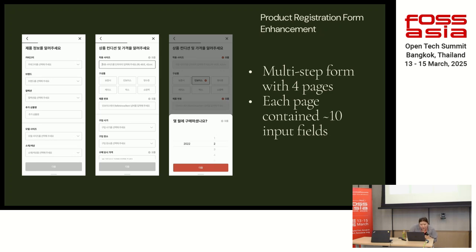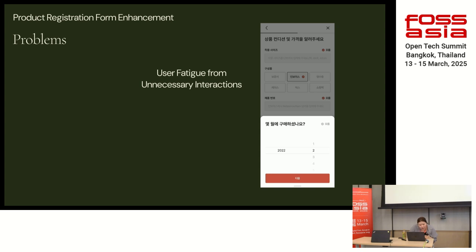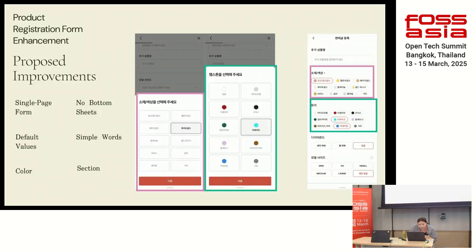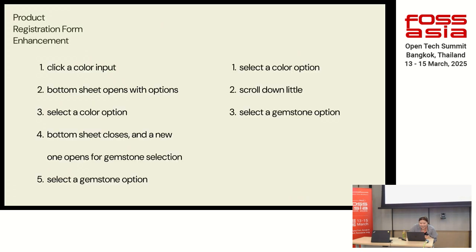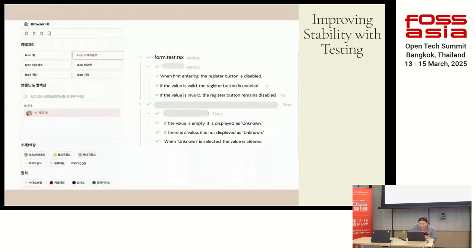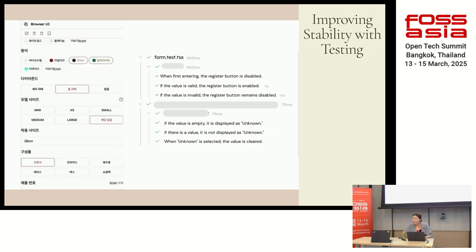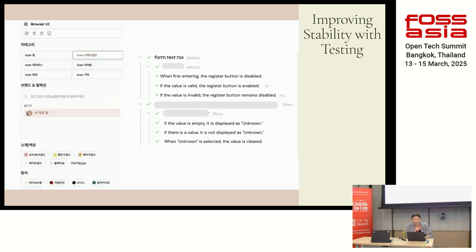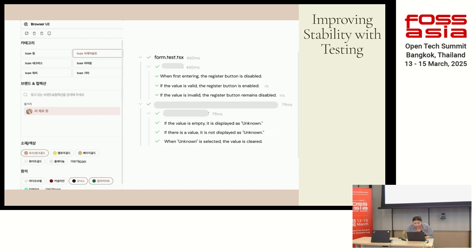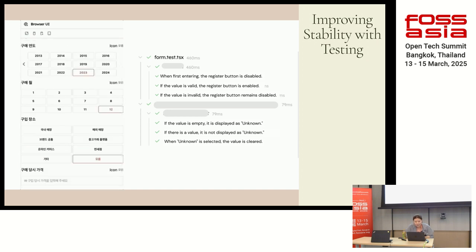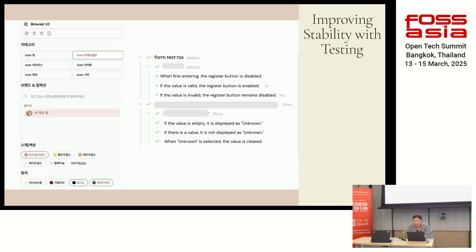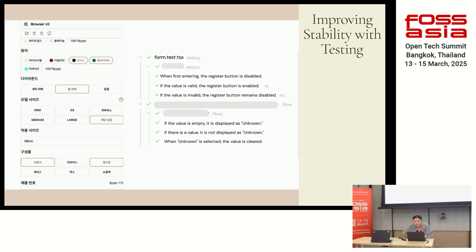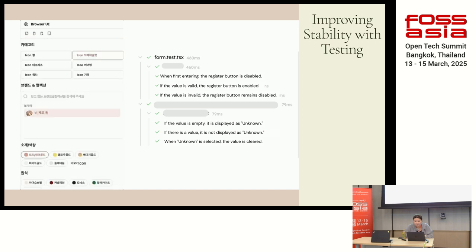Here? Yes, here. So on the right, on the list, when first entering, the register button is disabled, right? Yes. If the value is valid, the register button is enabled. If the value is invalid, the register button remains disabled.